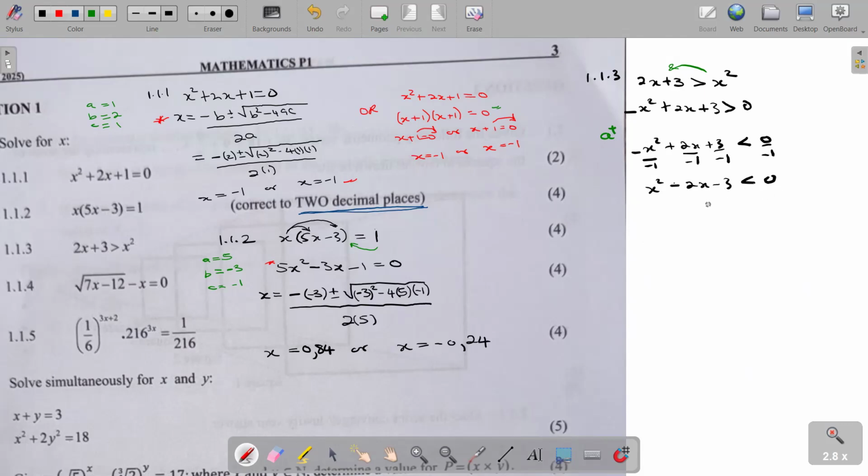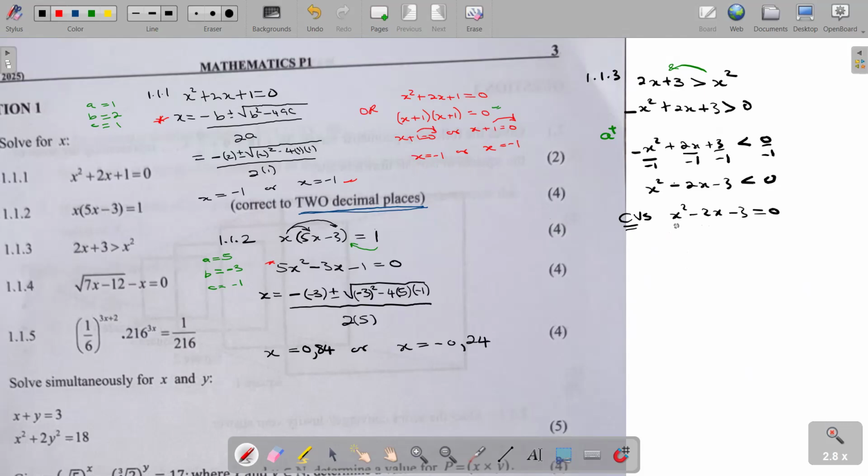So once you have this, you have to determine the critical values. The moment we are talking of critical values, we substitute the inequality sign by an equal sign. Here we can use factorization.